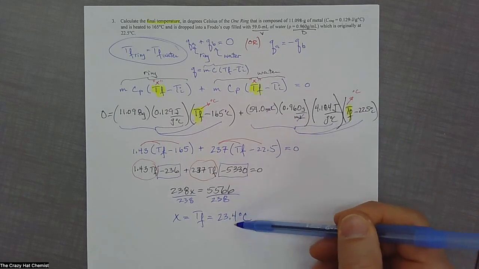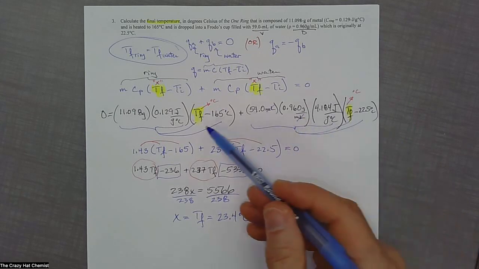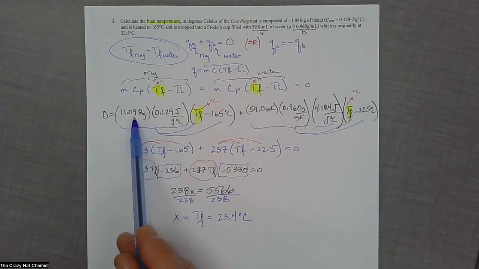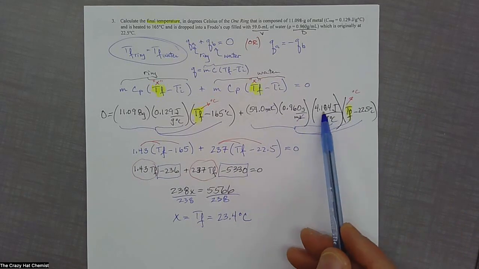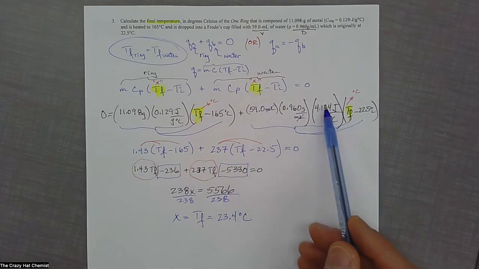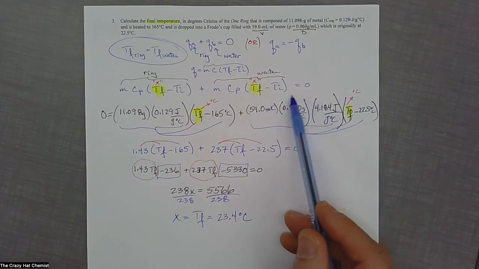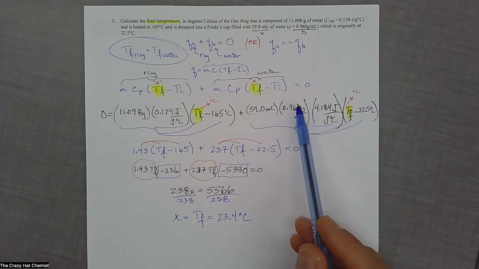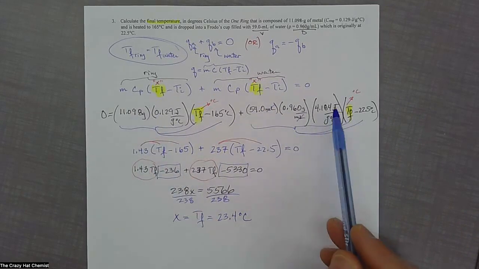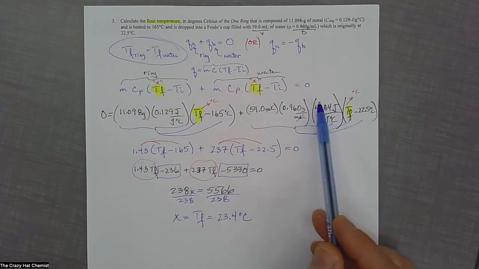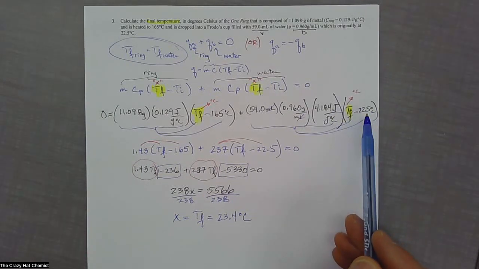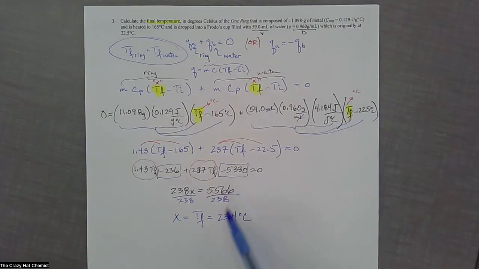This value of 23.4 is somewhere in between these two, and that in between temperature is based on the mass and specific heat of both. Since both the mass and the specific heat are higher for the water, the final temperature is going to be most closely approximate to the water and not the metal.